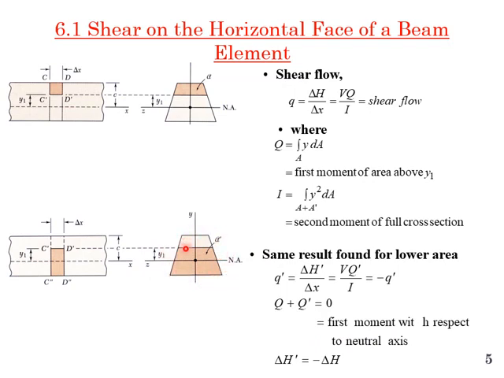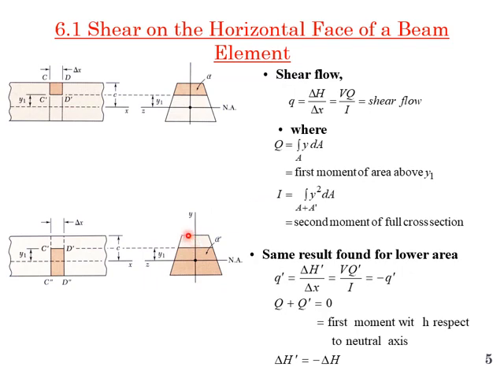And we discussed this in chapter number 4. So this Q over here is the first moment of area with respect to the neutral axis, above this surface. Now this shear flow will change with Q, the first moment of area. For the whole cross section, it will be 0.